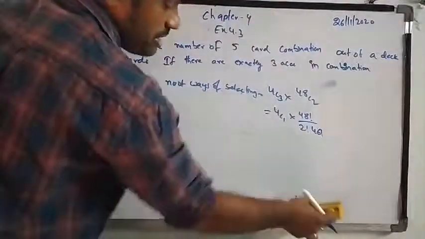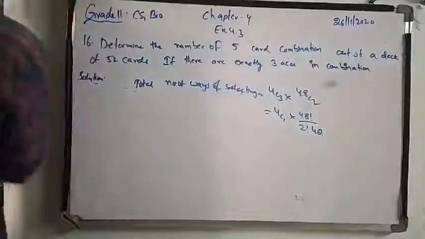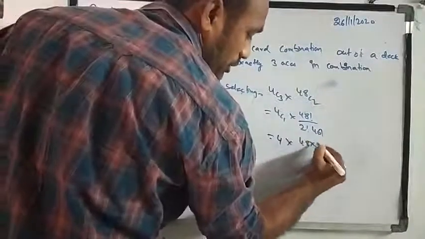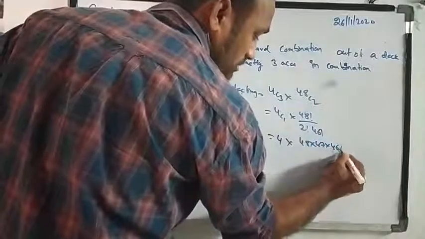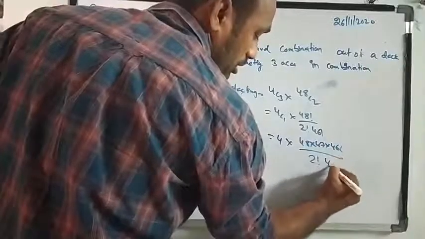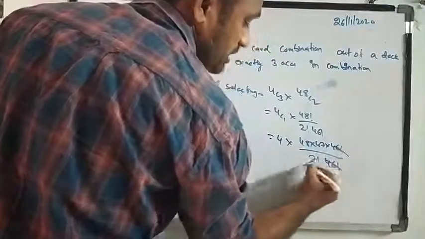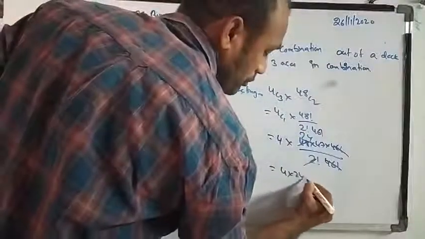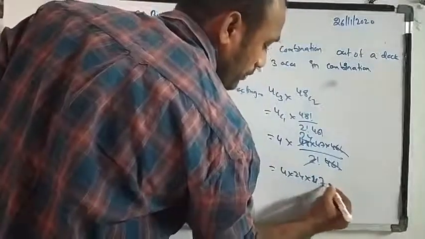So we know that 4C1 value is 4 into 48 into 47 into 46 factorial. 46 factorial gets cancelled, 2 ones are 2, 2 24s. So if you multiply this, you will get the answer: 4 into 24 into 47.